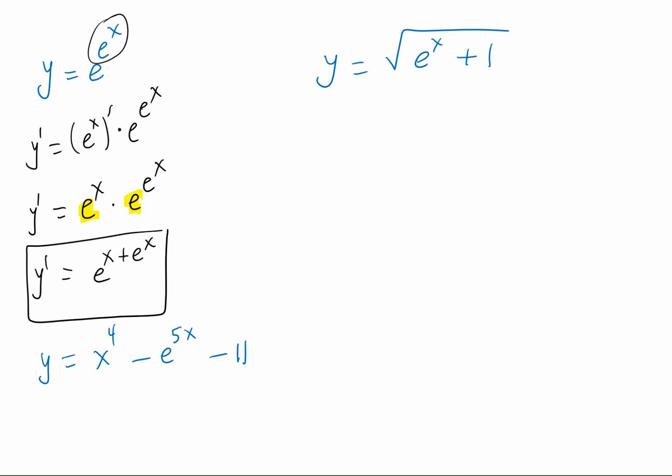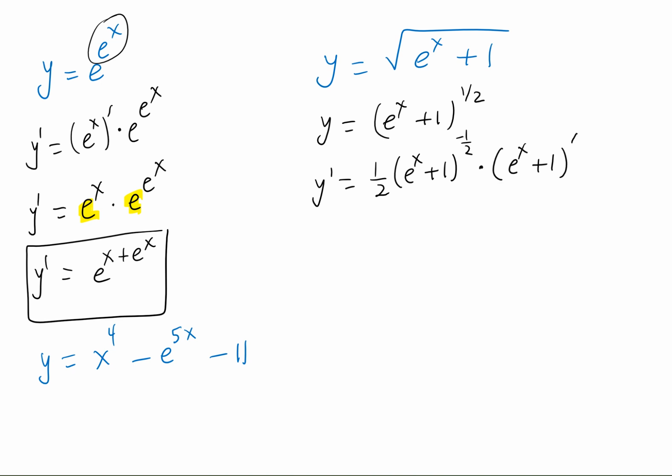For the next one, it's more tricky. What we need to do here is to rewrite it first with the power 1/2. For y prime, bring the 1/2 down by the power rule or the chain rule. Subtract 1 from the exponent, it becomes negative 1/2, times the derivative of u by the chain rule. I don't like to see negative exponents, so we bring it down as positive.